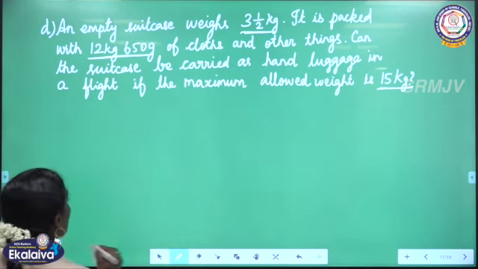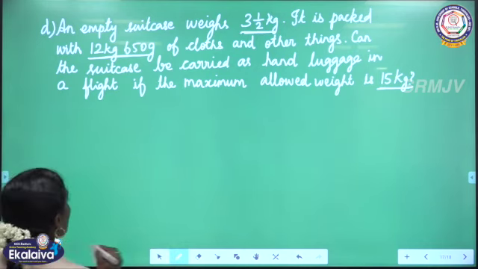See the next one, we are having in kilogram and gram. So, I am going to write 3.5 kg as kilogram and gram. We know that half kilogram is equal to 500 gram. So, this will become 3 kilogram and 500 gram. Okay, this is the weight of an empty suitcase.